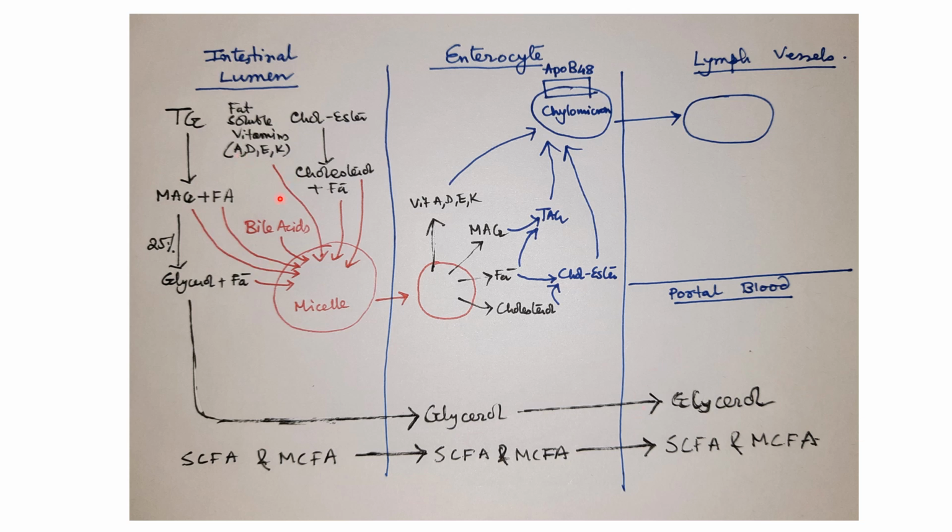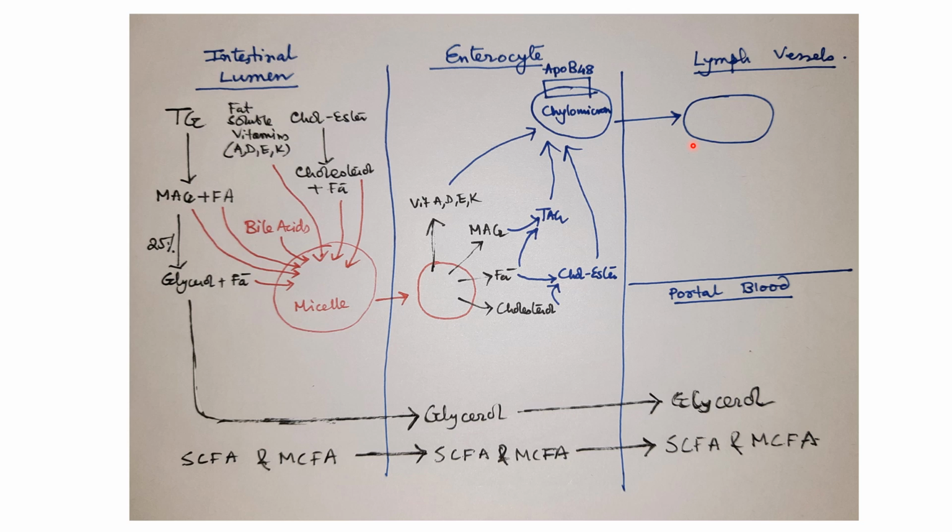So the majority of the lipids we see get absorbed into the enterocyte through micelle, and then once inside the enterocyte, they form a structure known as chylomicron, and in that form they get absorbed into the lymph vessel. So the majority of our lipids are absorbed into the lymph vessels, and through lymph vessels they directly go to the systemic circulation.